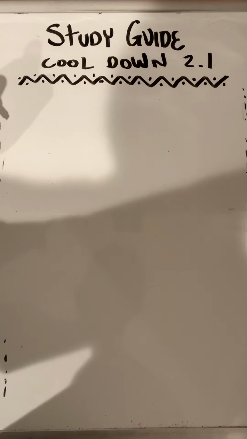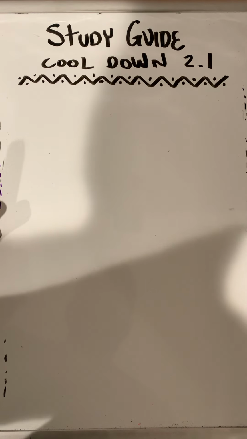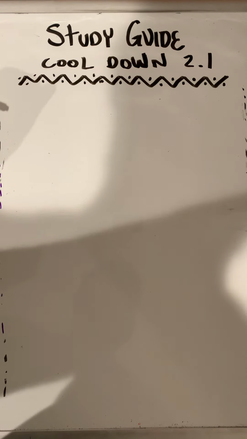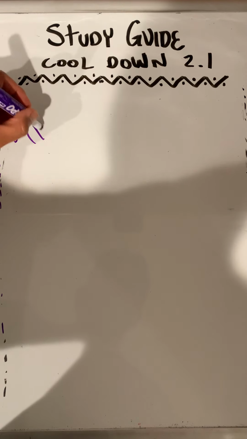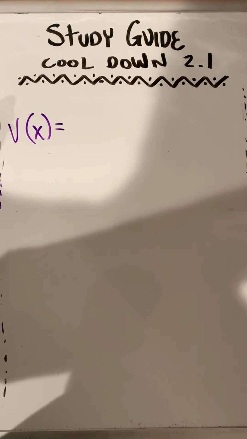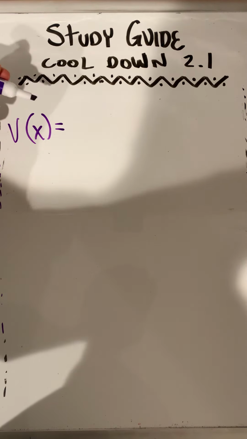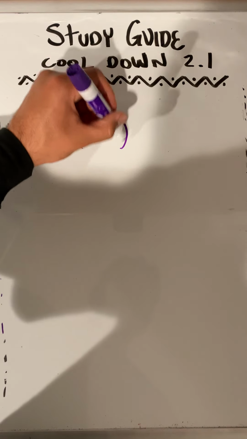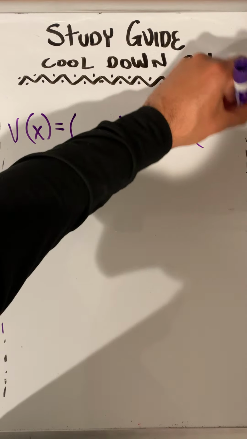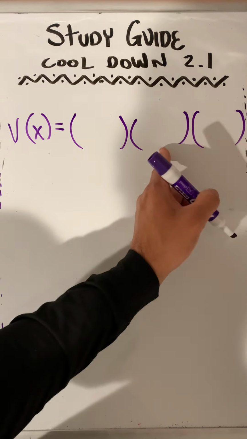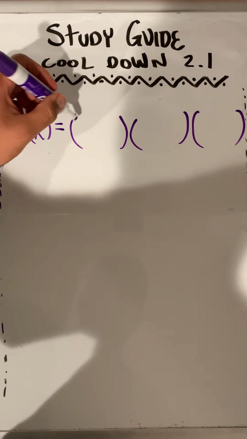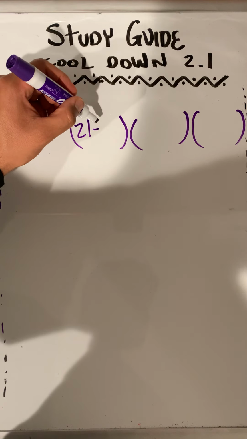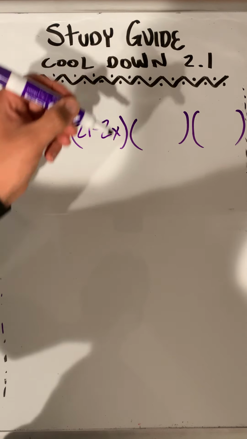So let's go ahead and look at how it was structured as a Google form. So we got V of x. V stands for volume. I'll label everything right now. And volume, as we know, is the product of three factors: length, width, and height. We can think of them in this order.